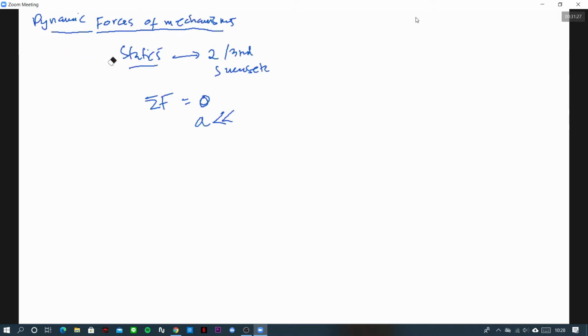Because you have known from the previous topics based on the rigid body. So basically dynamic force of mechanisms is quite simple, because you divide the four-bar linkage into several rigid bodies.